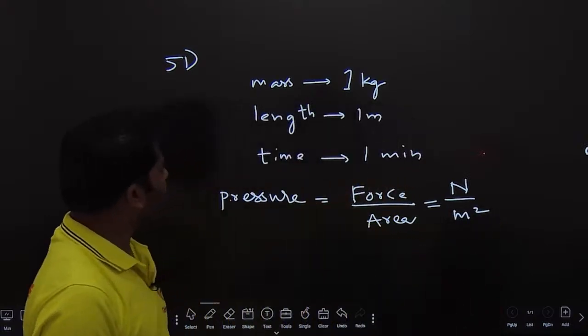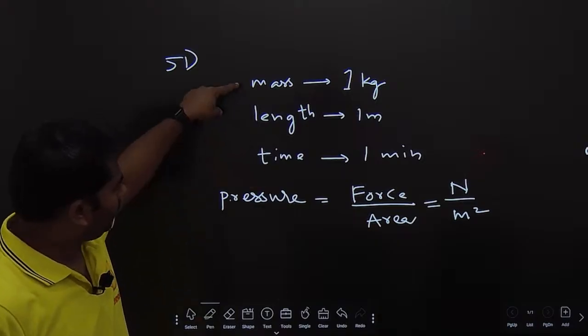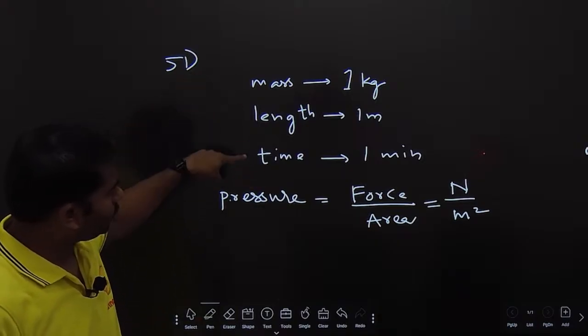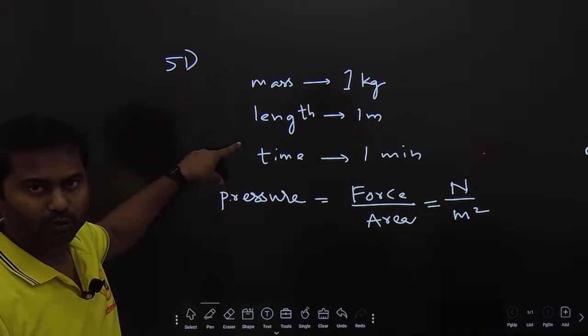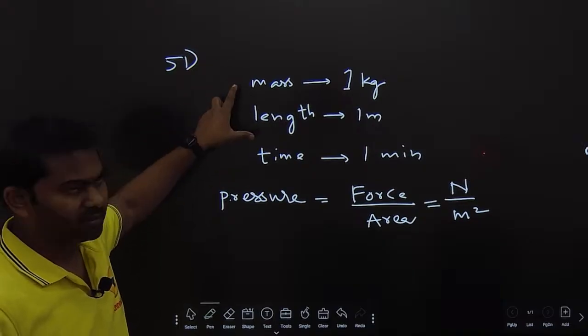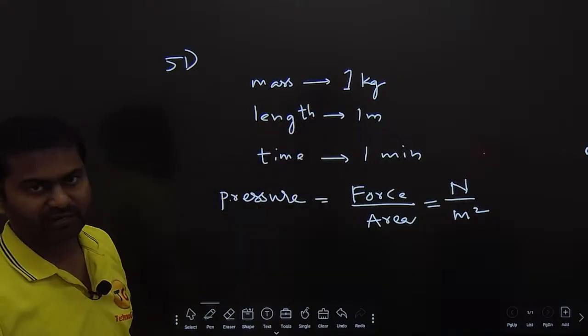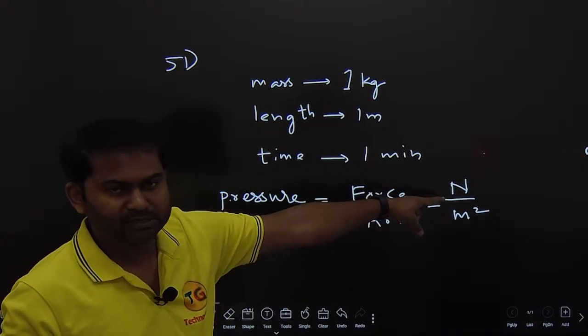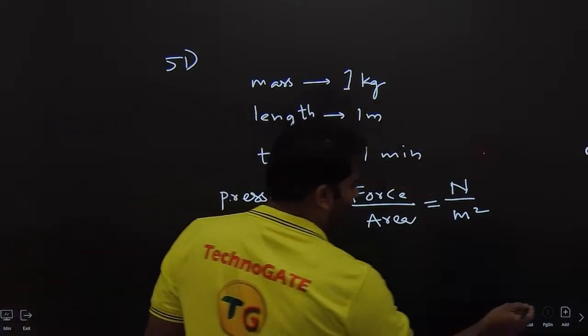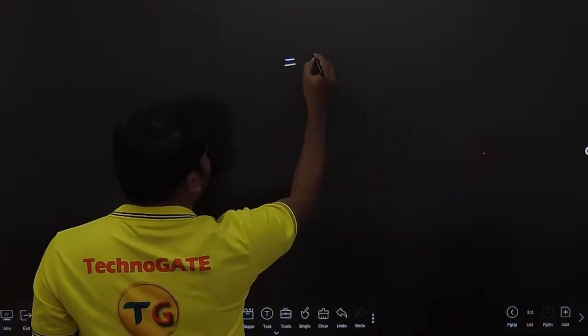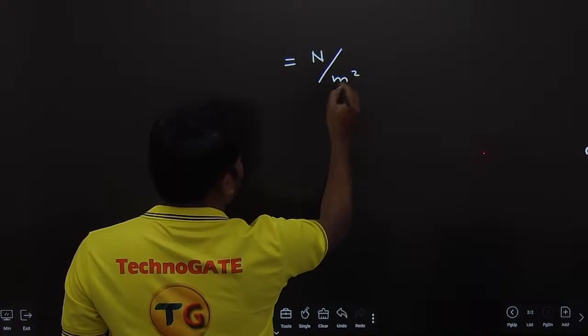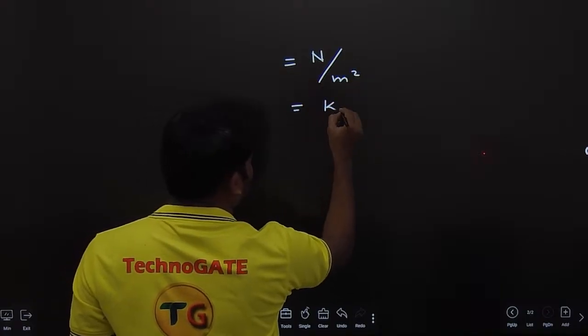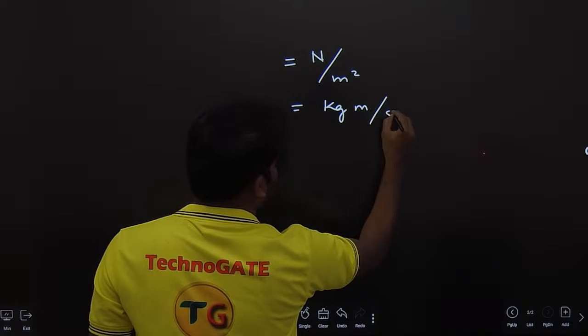But in this one we don't have the reference as force or Newtons. It is in mass and length here and time. So let us go in that way itself. Let me convert this particular Newtons into kgs and all. If you convert that, Newton is nothing but kg meter per second square.